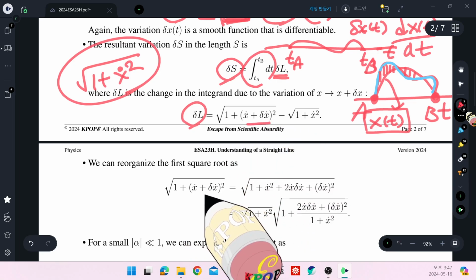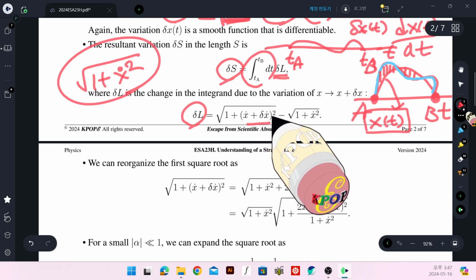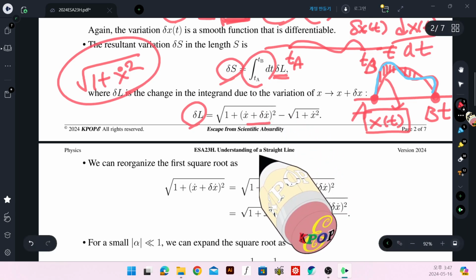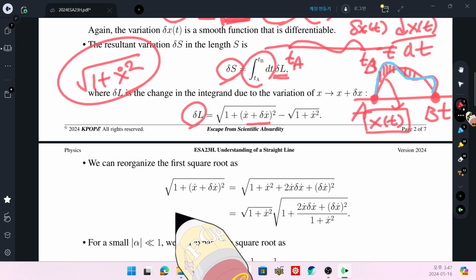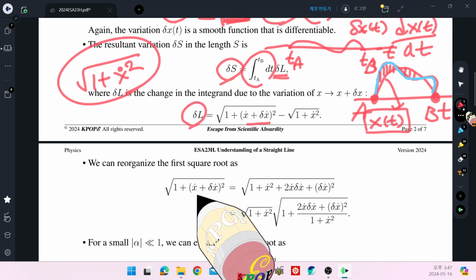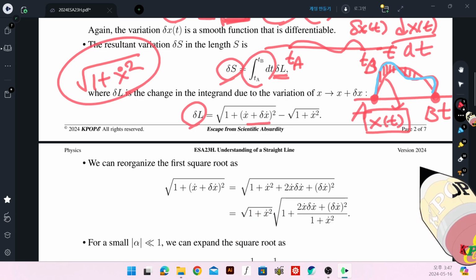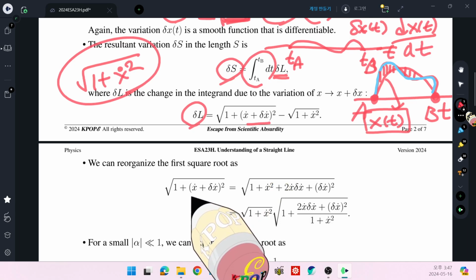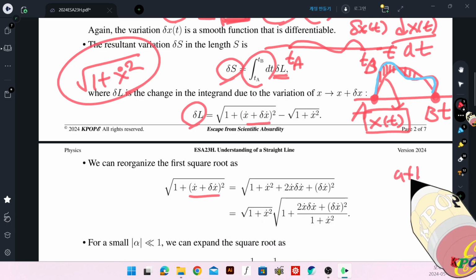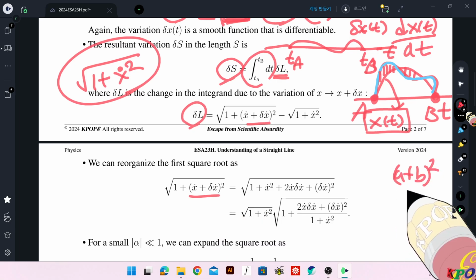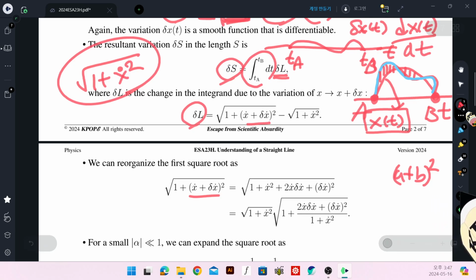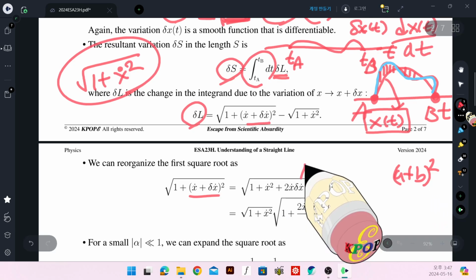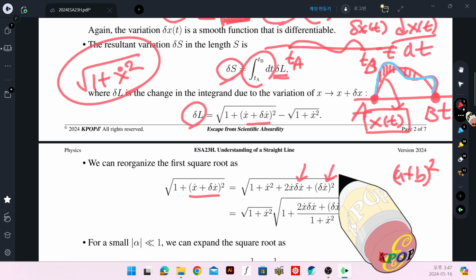Now we know the variation of x is tiny. We can make an expansion with respect to the small parameter delta x. So, the expansion formula for (a plus b) squared is a squared plus 2ab plus b squared. And we know this delta x is tiny.